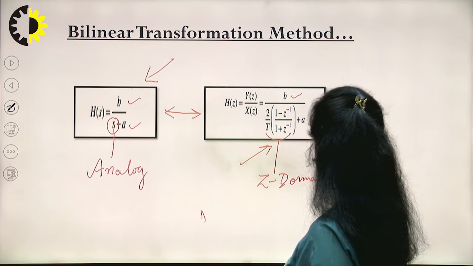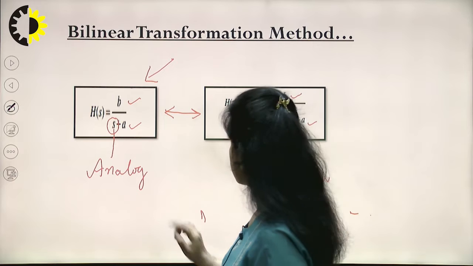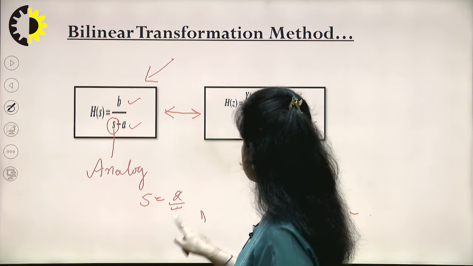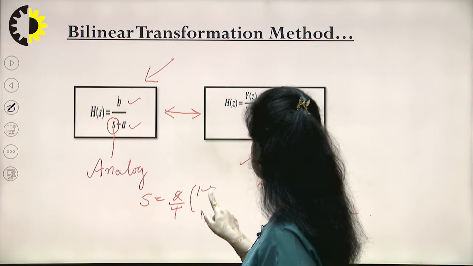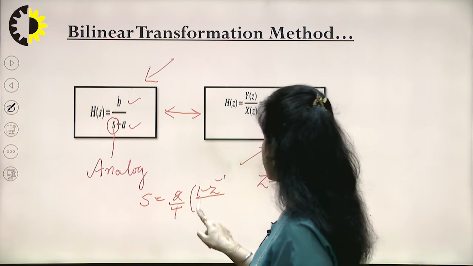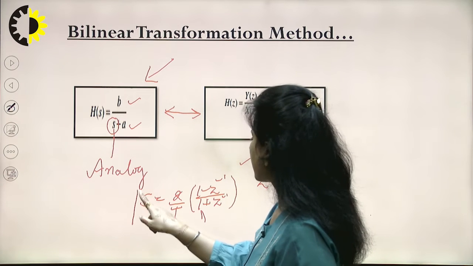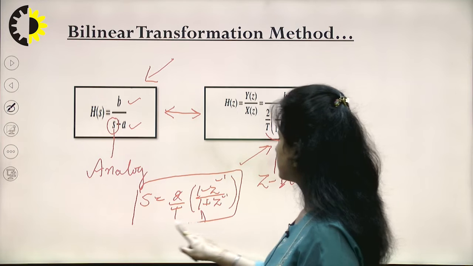I can simply equate these two, saying that my s is equal to 2 by T times (1 minus z inverse) divided by (1 plus z inverse). So this is the mapping that I achieve after bilinear transformation.